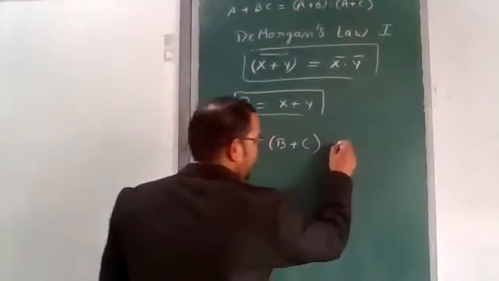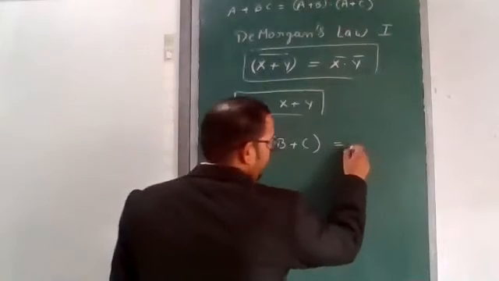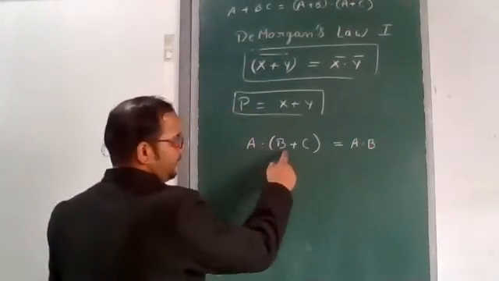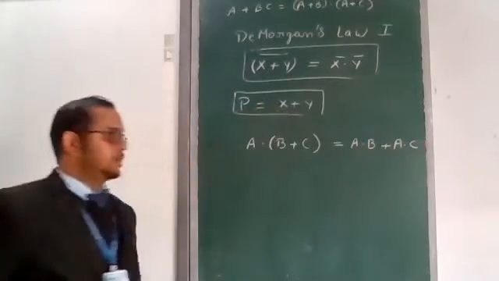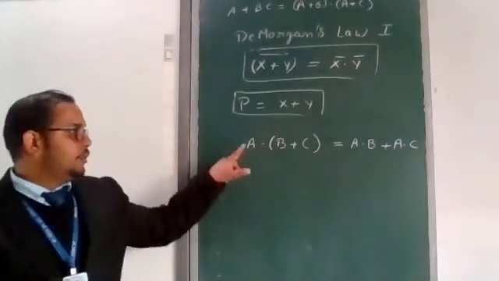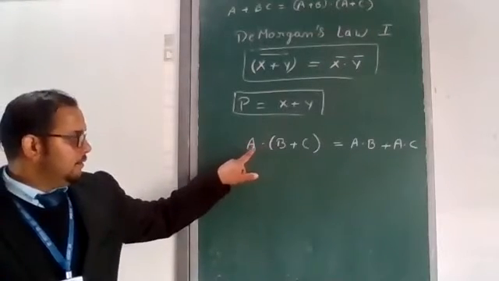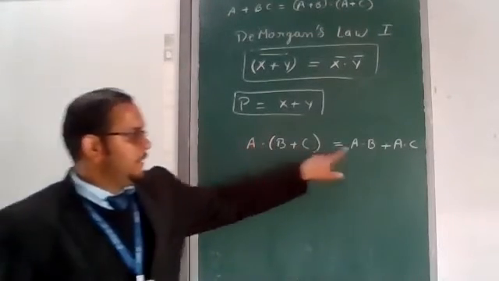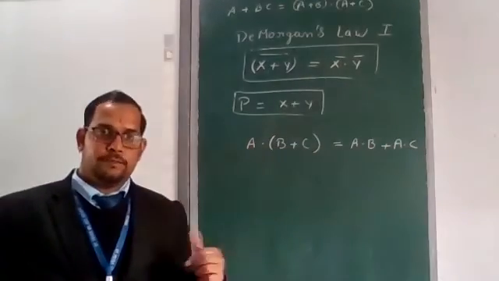When you distribute this A with B and C, you have to write A dot B plus A dot C, because we are distributing A with B as well as with C. This is the first property of distributive.